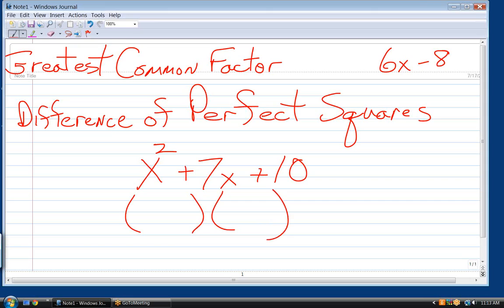Where you take a quadratic and you separate it into two linear factors. Now, let's go back one step and make sure that you can multiply those two linear factors. These are linear because x has an exponent of 1. That's what makes that a linear factor.